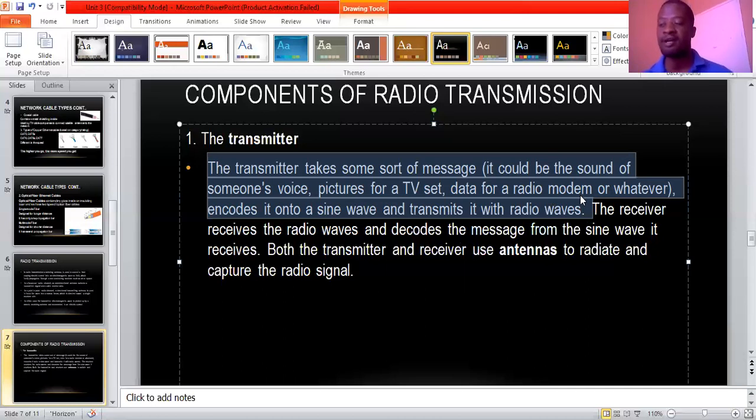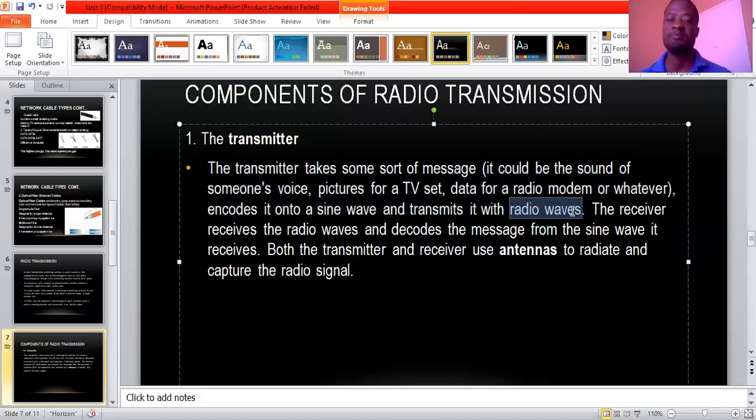It comes from someone, and then the transmitter encodes it and changes it into a sine wave, and this is transmitted using radio waves.